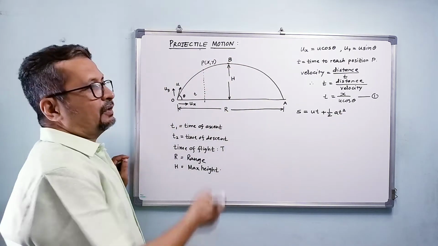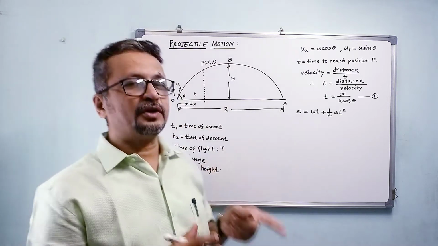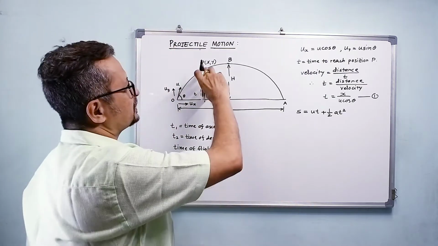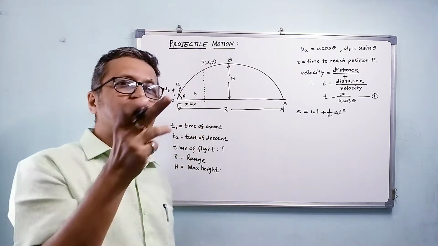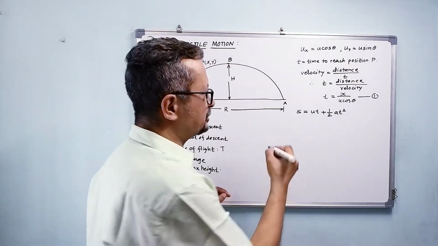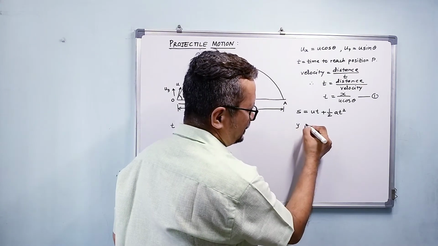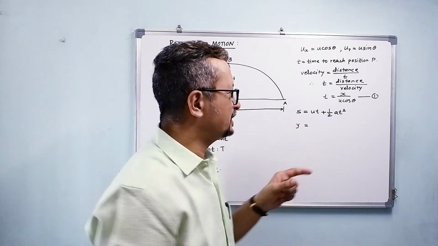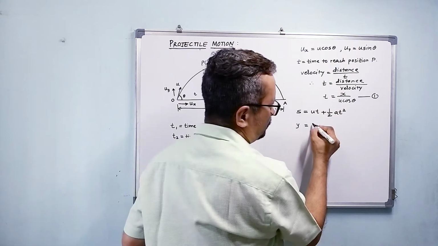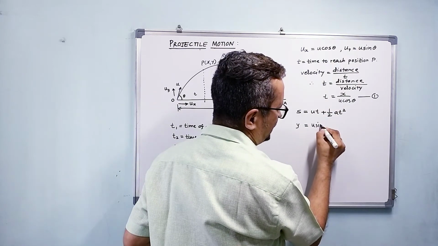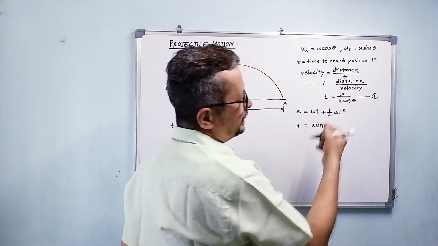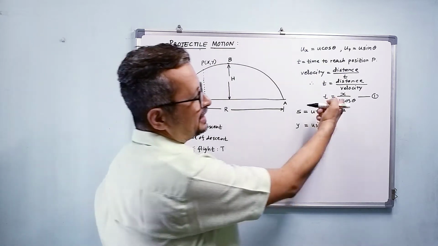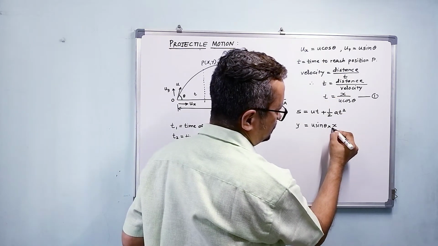Since the coordinates of P are x comma y, my vertical displacement is y, equal to u sin theta into t, and t is x upon u cos theta.